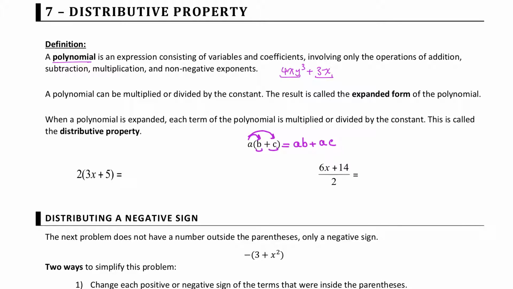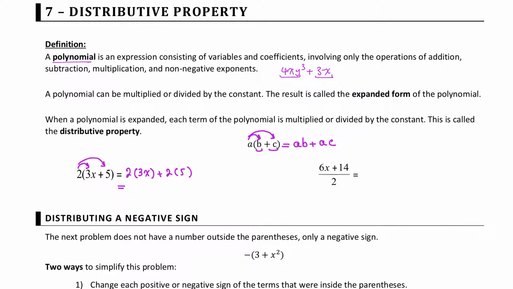An example over here shows 2 times 3x plus 5. First of all, the constant term here is the 2, and I have a binomial over here. So I have to multiply the 2 both by 3x and by the 5 over here. So when I do this, I get 2 times 3x plus 2 times 5.